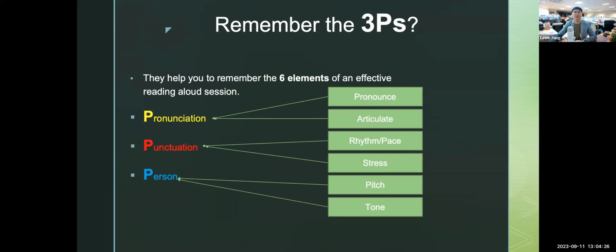And what do I mean by pronunciation? If I break it down into the 6 areas that I just mentioned before, it has to do with how you pronounce the words. That means how you read out the words carefully, the word endings especially, and how you articulate it, meaning how you speak those words without blocking your mouth and making those words sound as clear and as precise as you can read it out. So pronunciation and articulation have to do with how clearly you form the words with your mouth.